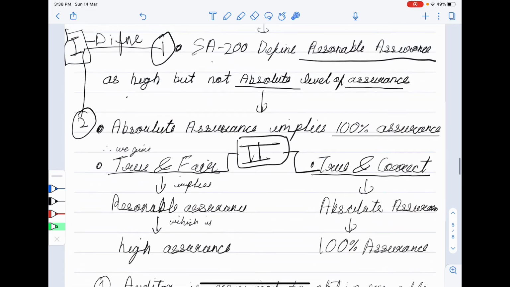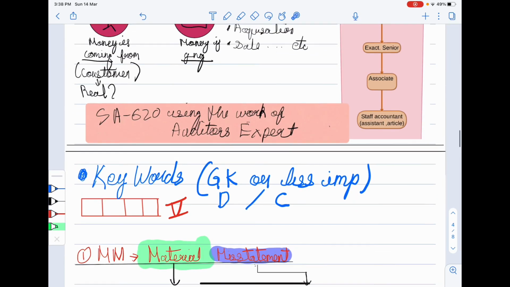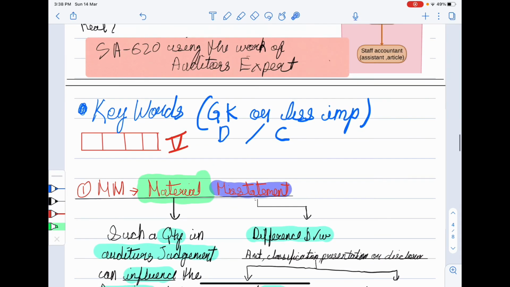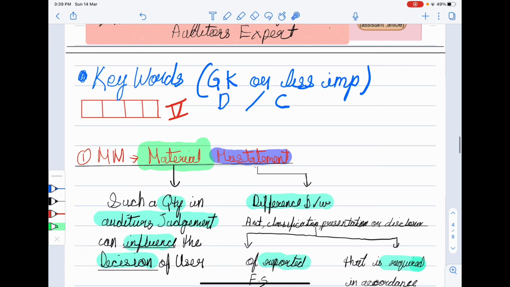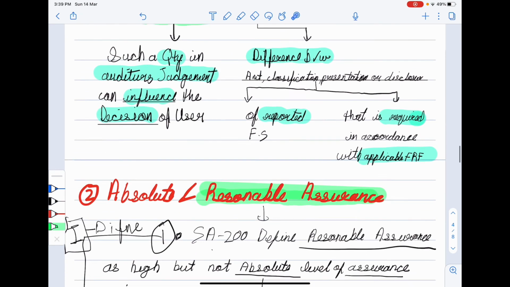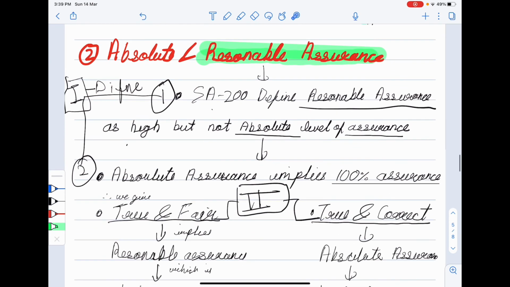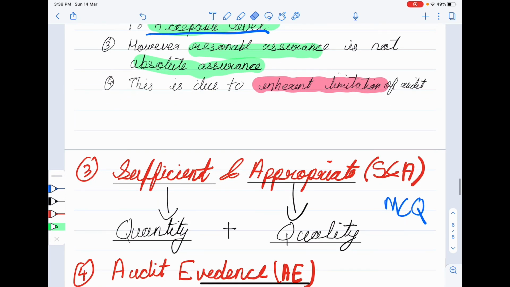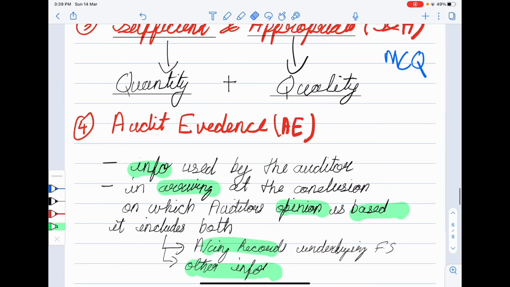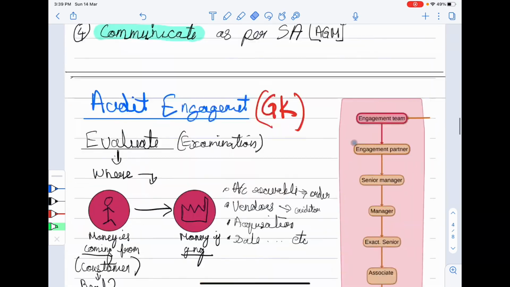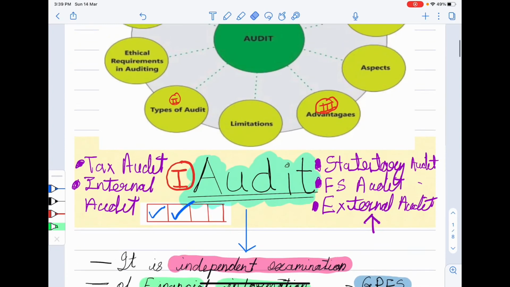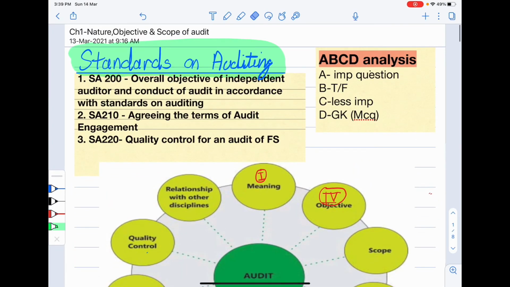Okay. Easy. So let's see what all we have learned till now. We have learned four keywords: material misstatement, absolute and reasonable assurance, sufficient and appropriate, and audit evidence. And let's have one final quick revision.